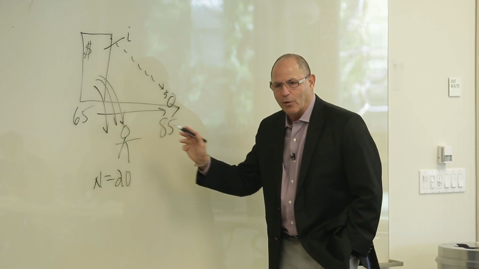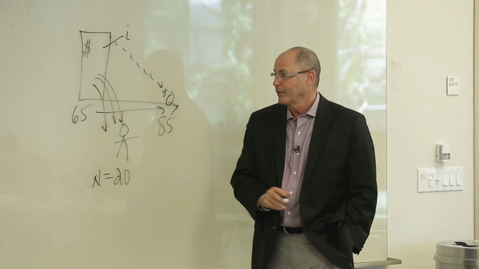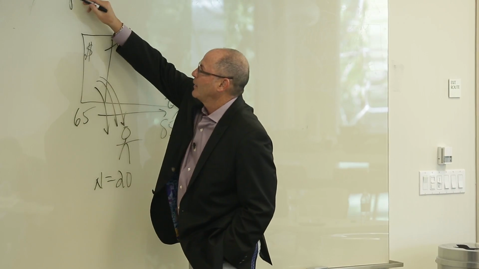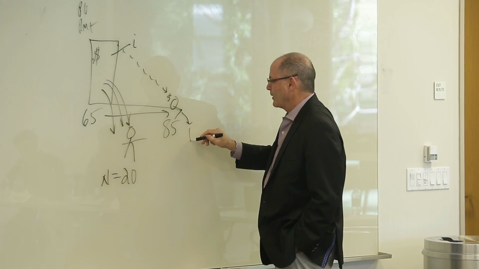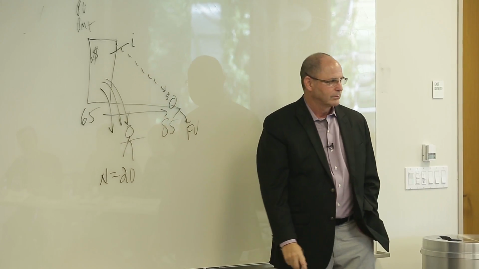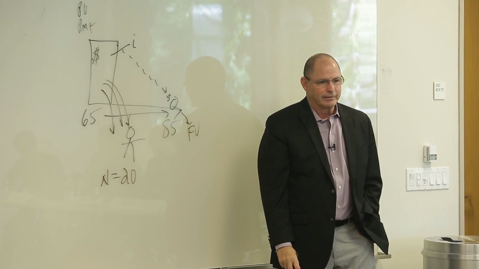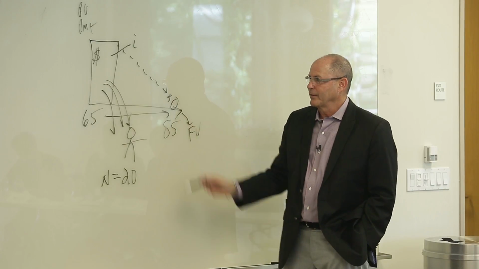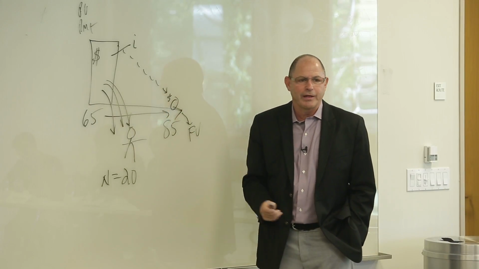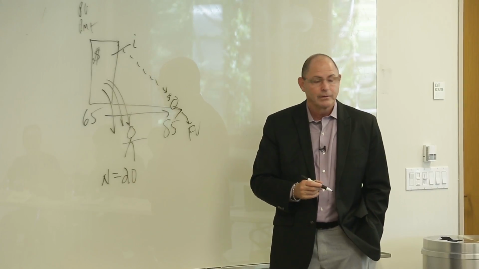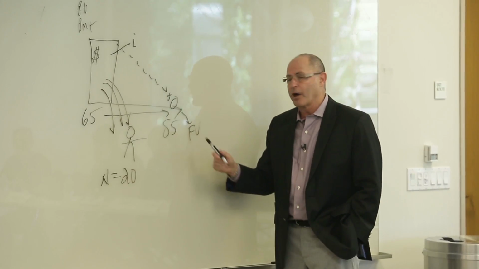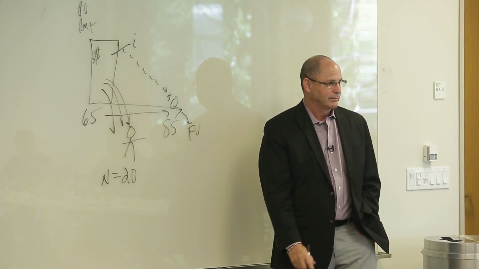Future value is always on the right. Let me repeat. If I'm searching for something on the left, it's always a present value or a payment. If I'm searching for something on the right, it's a future value.